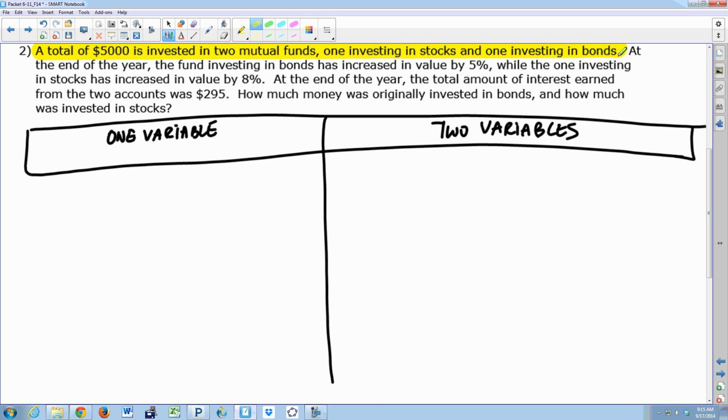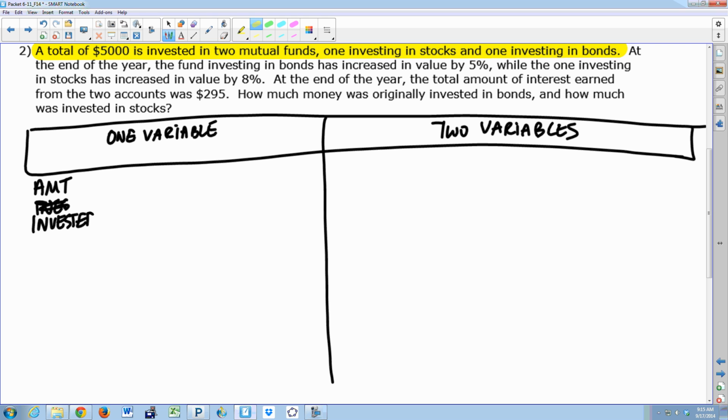Just in words, no algebra. What's equal to $5,000? The amount invested in stocks. So that's one way to start off, is just get a sense of what you're doing in words.